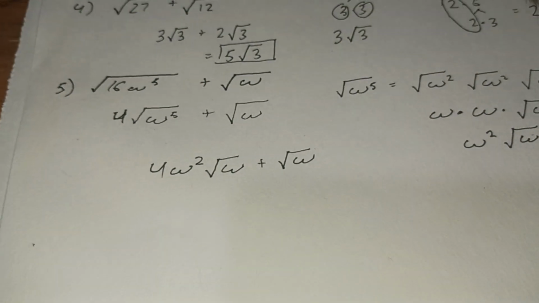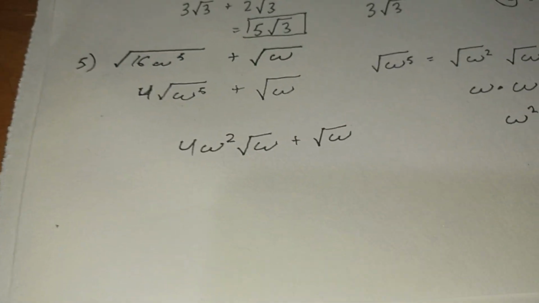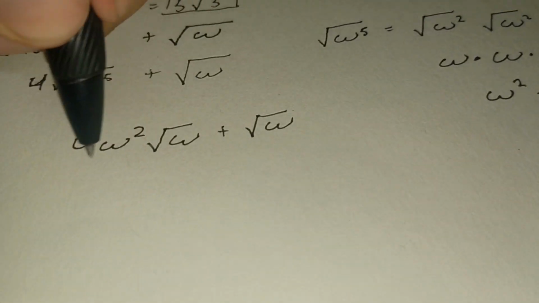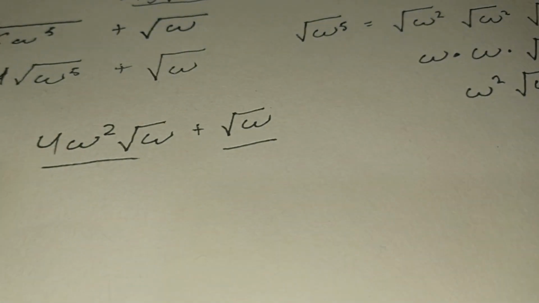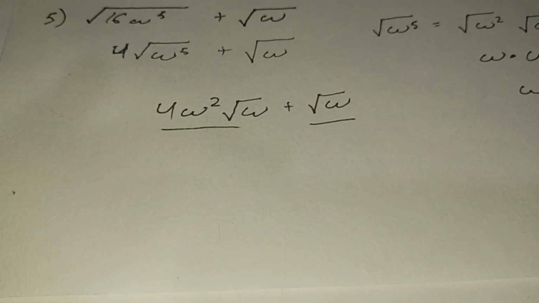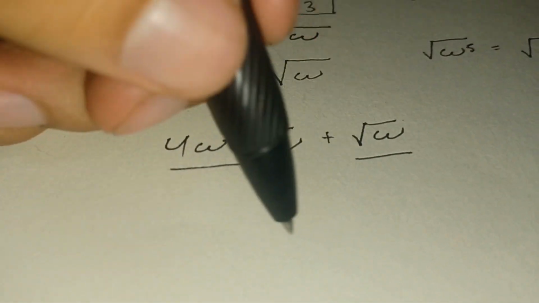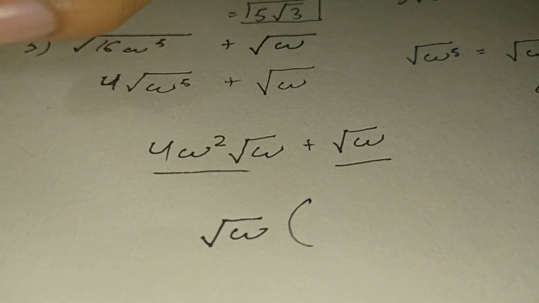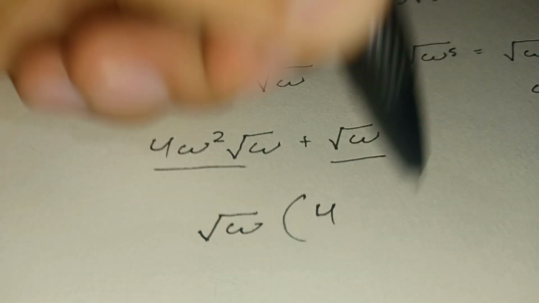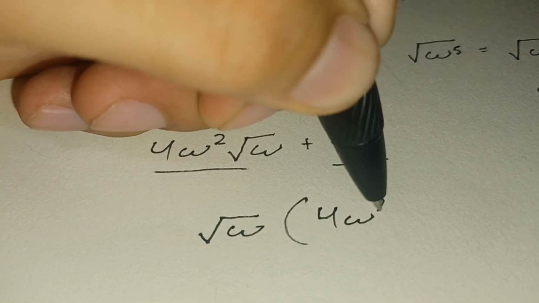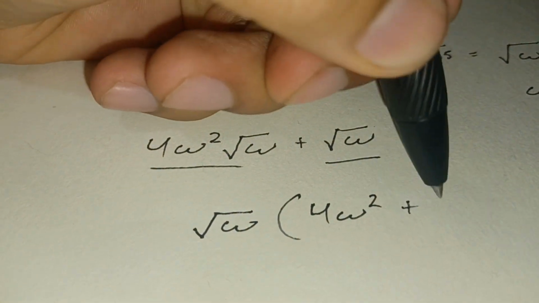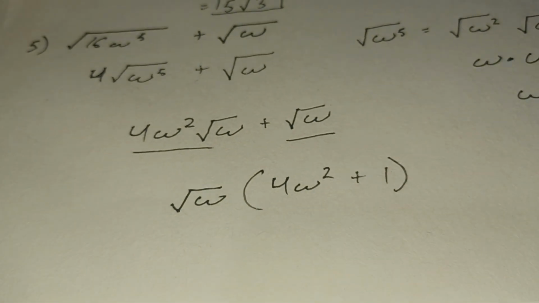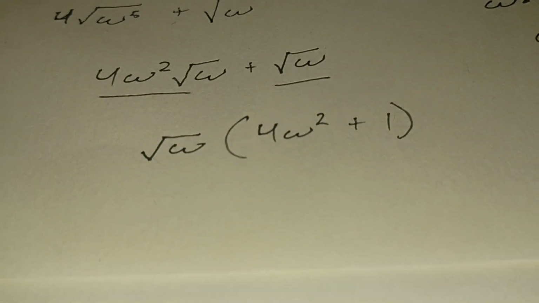We can go ahead and simplify this even further by factoring. We see that both of these terms have a square root of w in common. So we're going to take the square root of w and multiply it by 4w to the second power plus 1. Why?